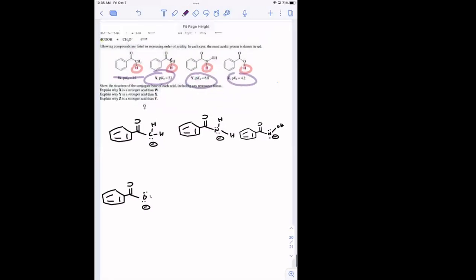So let's answer the questions that they're asking. It says explain why X is a stronger acid than W. Not by much. It's only 100 times more acidic. Is that right? How did I get to that conclusion that quickly?